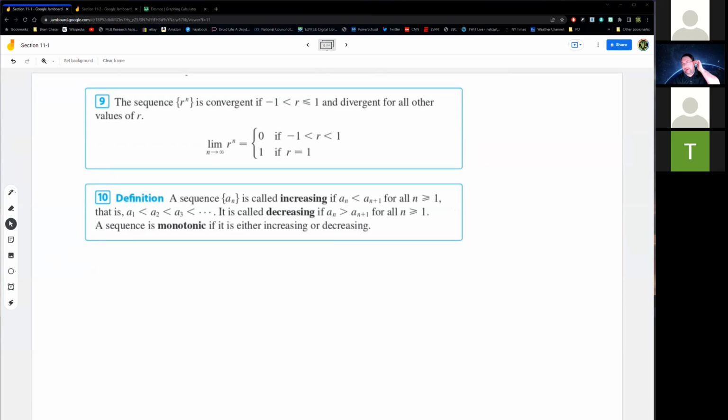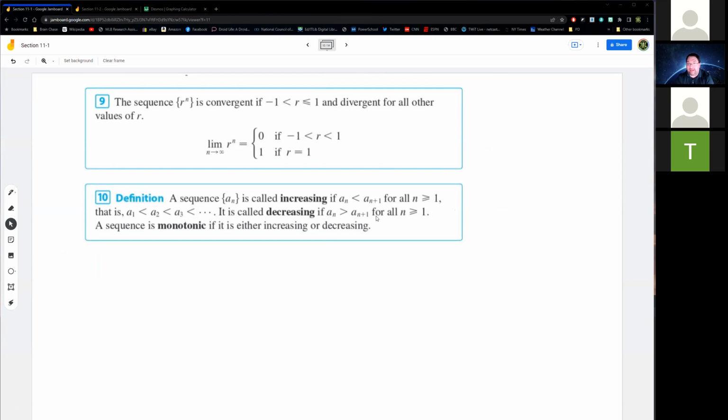So if you think about it, that's the difference between exponential decay and exponential growth. When it's between -1 and 1, it's exponential decay. When it's outside of those, it's exponential growth. So I know it's going to converge between -1 and 1 and diverge outside of that.